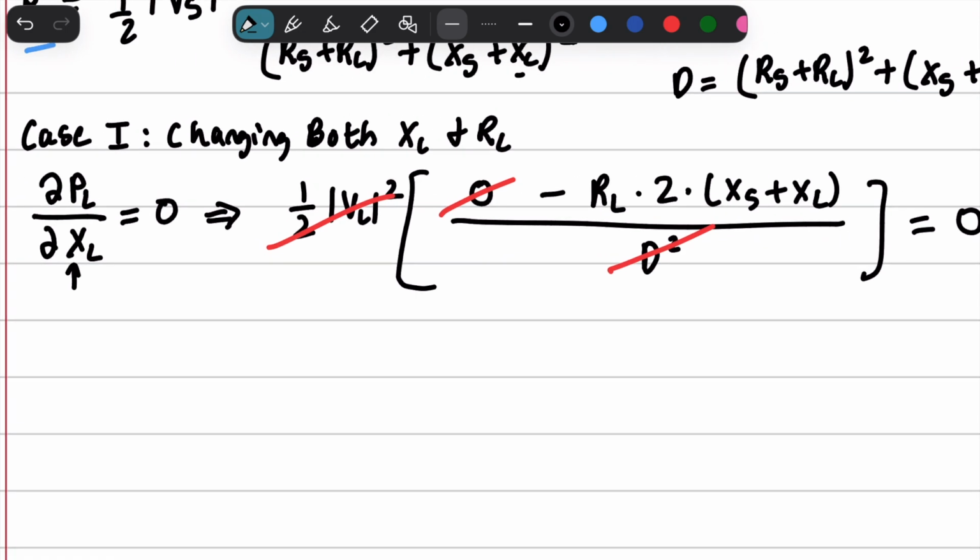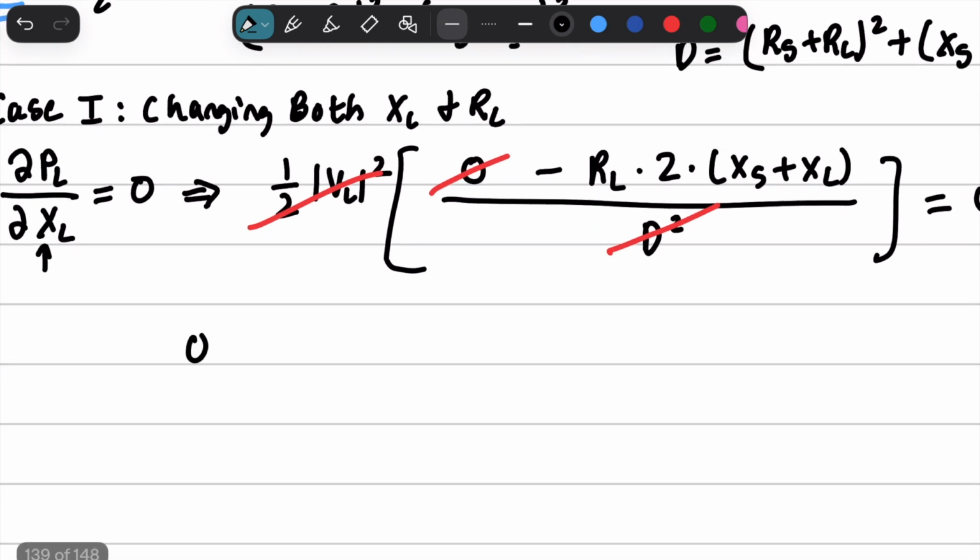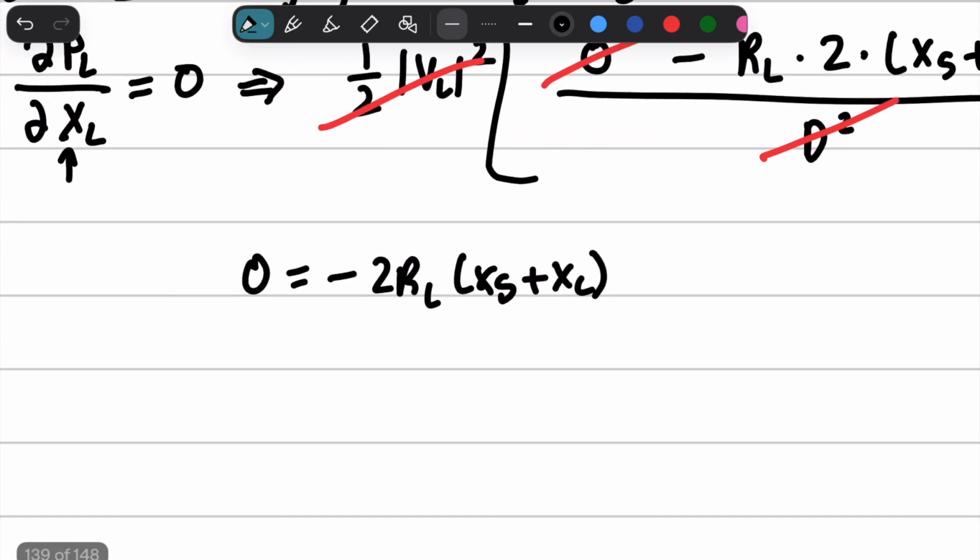And so we're going to be left with 0 is equal to negative 2 RL times XS plus XL. And luckily, this also is going to get canceled.